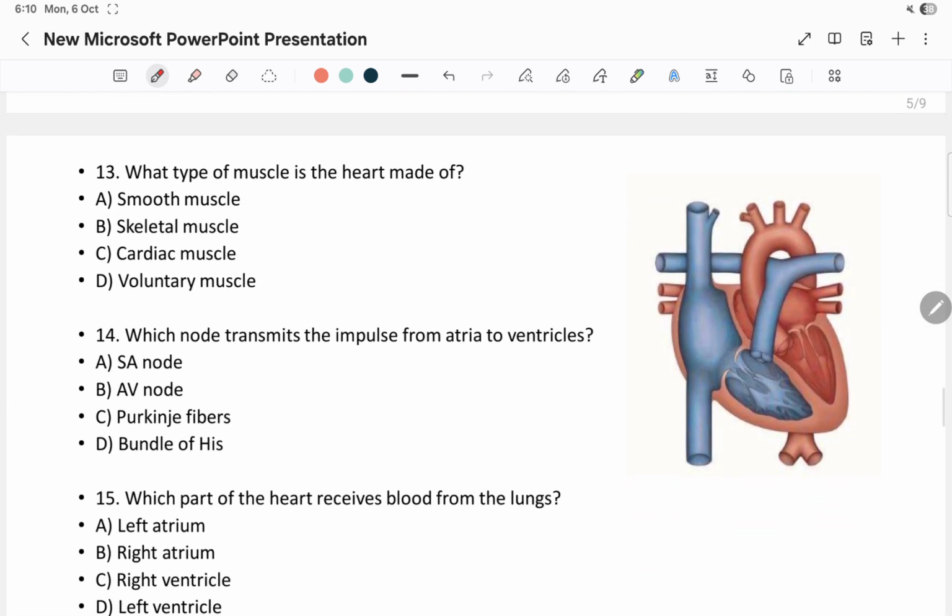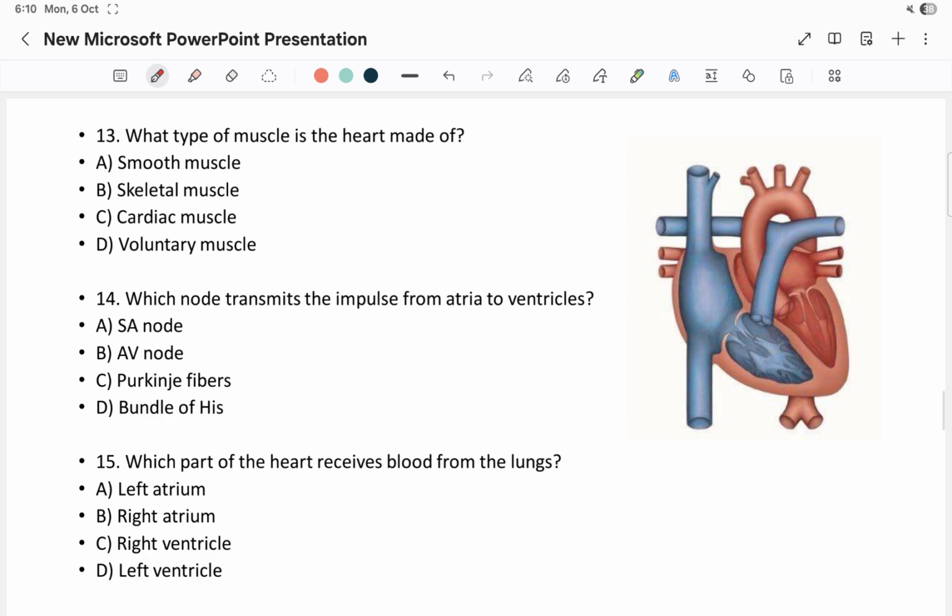Next question. What type of muscle is the heart made of? Option A, smooth muscle, B, skeletal muscle, C, cardiac muscle, and D, voluntary muscle. And the correct answer is option C, cardiac muscle.